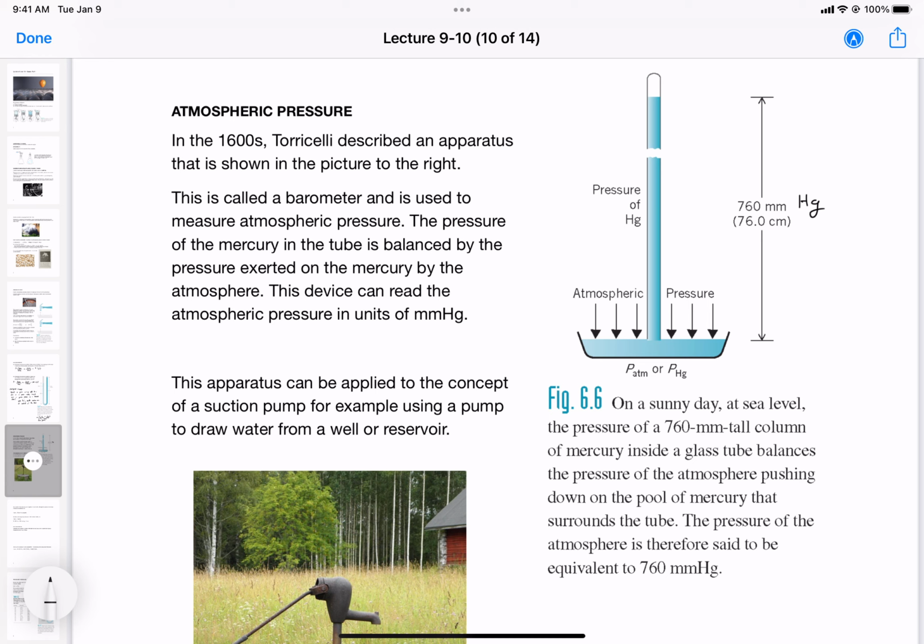Low atmospheric pressure means storms? I pretty much think that it does. Yeah, storms are usually caused by low pressure. When the pressure is too low, you're going to get a heavy or powerful storm.